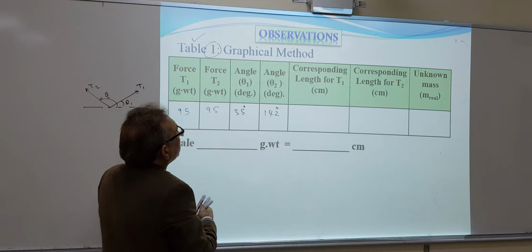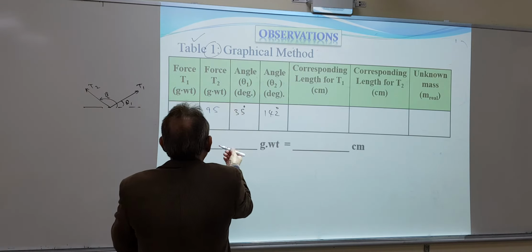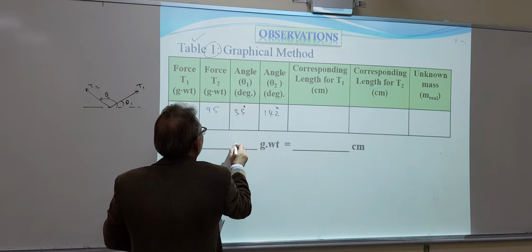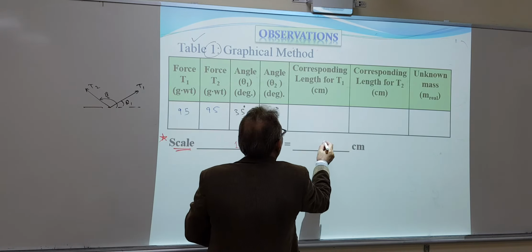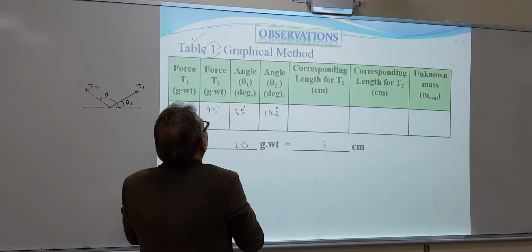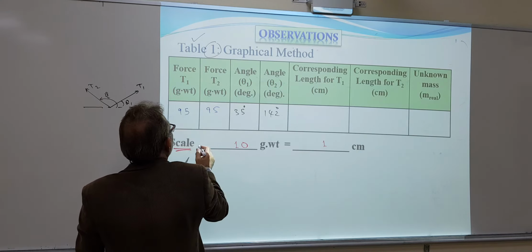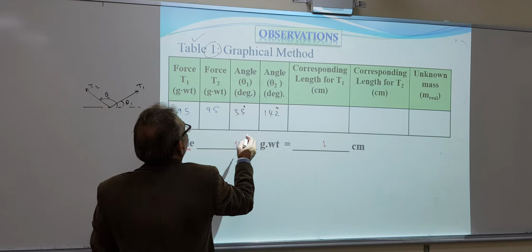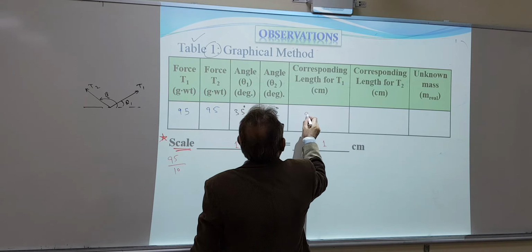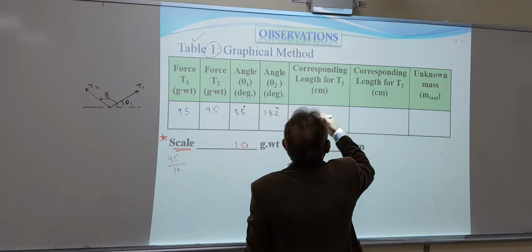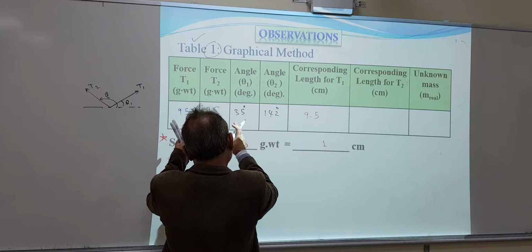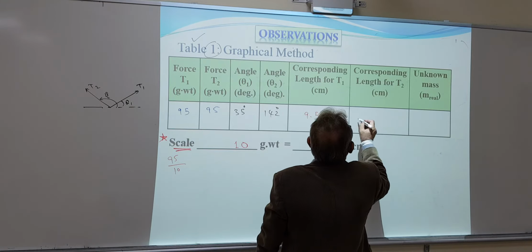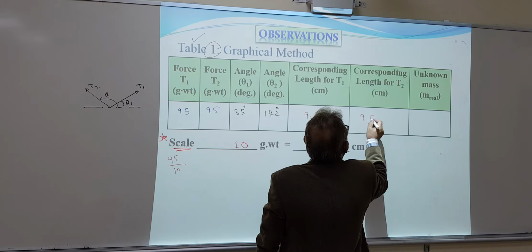Now, we select a scale, which is very important: 10 gram equals 1 centimeter on the graph paper. So 95 divided by 10 gives 9.5 centimeter, and similarly the other one. By the way, you can have the same gram weight or different, no problem. We'll go by the rule.